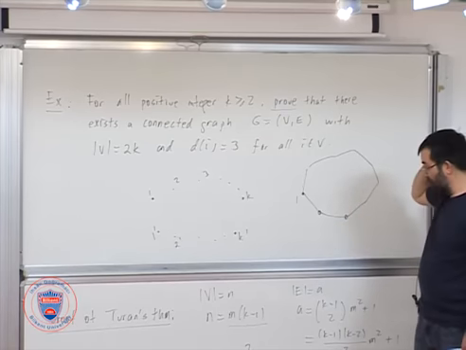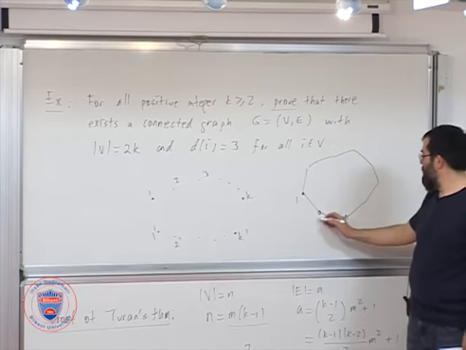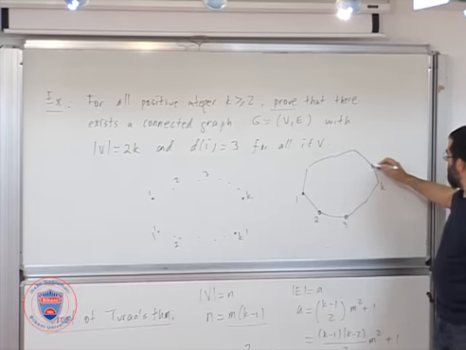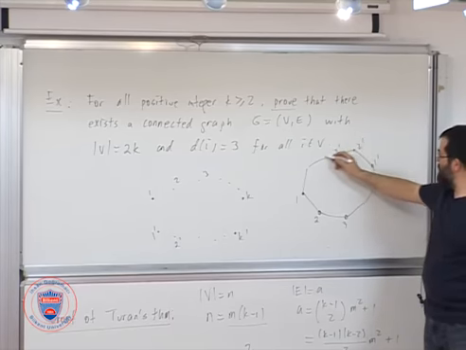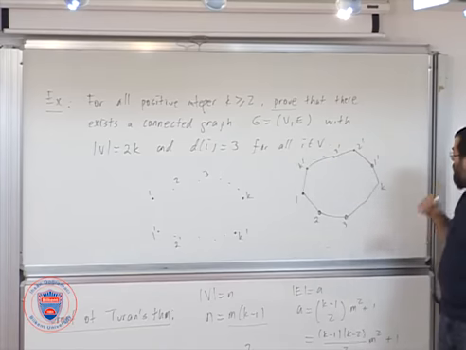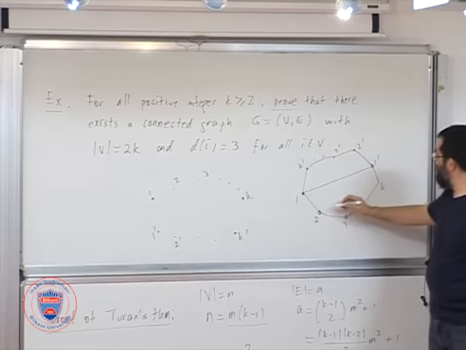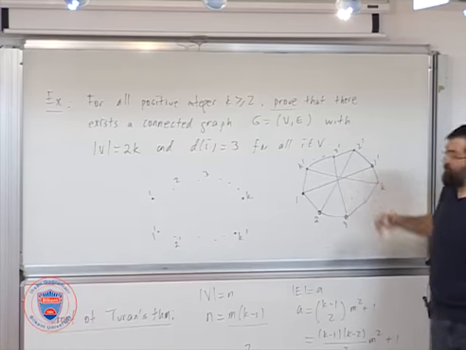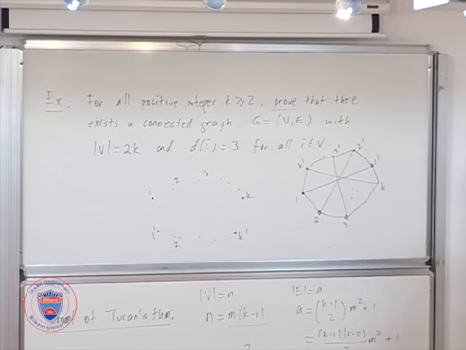If you guarantee that, then you're good. So you put the k of them here, and 1 prime, 2 prime, 3 prime up to k prime are here. Now the degree is 2. You just need to add 1 extra edge for each of these, and then the degree becomes 3. Okay? So once you draw this picture, you get full points in an exam situation.